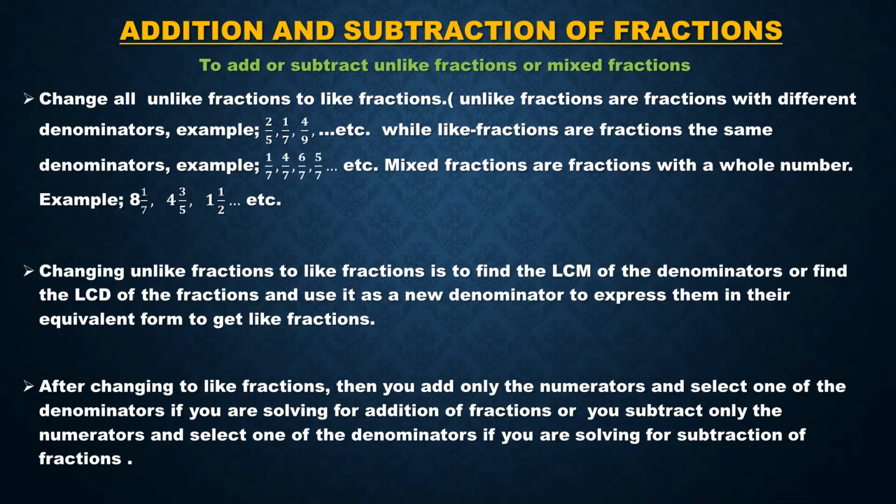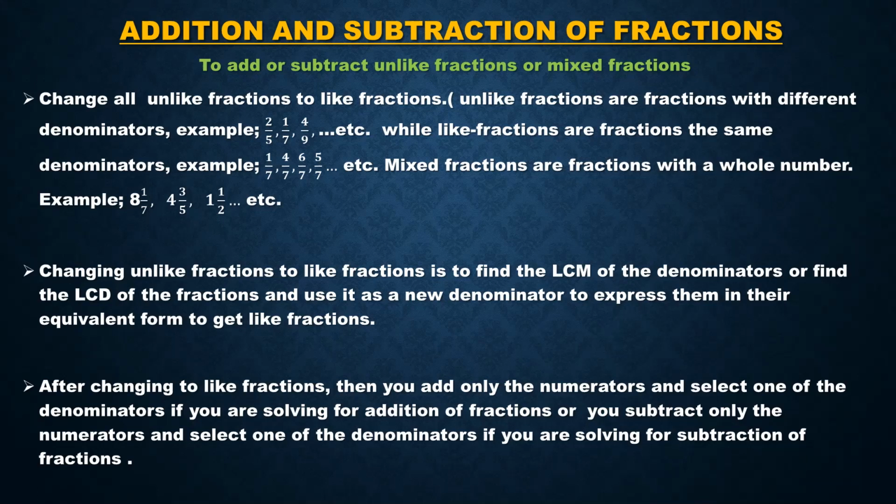By using the LCD or the LCM to choose a common denominator for that. After then, you write their equivalent fractions, or you rename the fraction using the new denominator that you have ascertained, so that the denominator will be equal to the new LCM or LCD. LCM is the least common multiple, the LCD is the least common denominator.